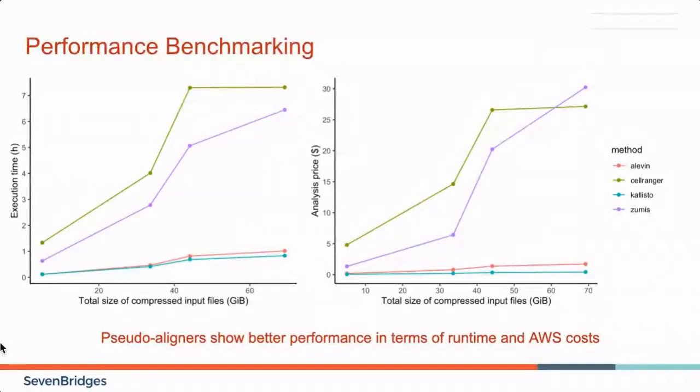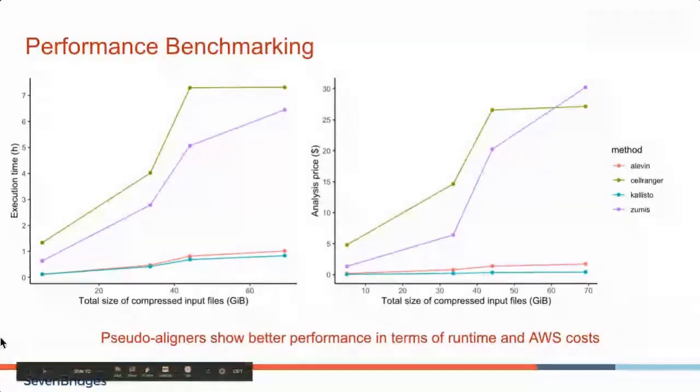Okay, so we did performance benchmarking to compare the execution runtime and AWS costs of 4 single-cell processing tools on 10x Genomics datasets. The left plot represents the relation between total size of the 10x dataset and execution time on the Seven Bridges Platform. And on the right plot, you can see the relation between the dataset size and AWS costs.